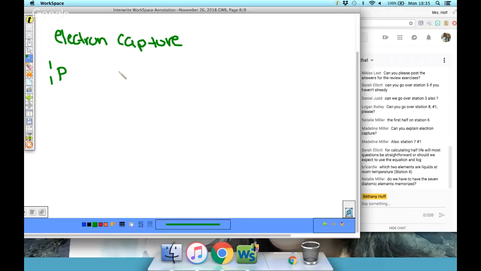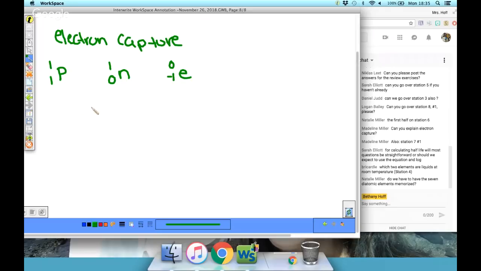So that's my proton. A neutron would be 1 and 0. And an electron, if we were to write out its isotopic mass, looks like this. So in an electron capture, notice that it's going to be captured. When you think about capture, you want to think that it's being added. So it's not going to be released, it's going to be added.